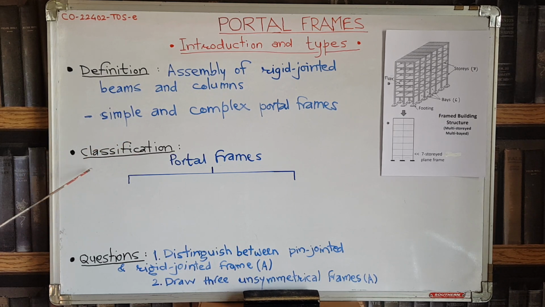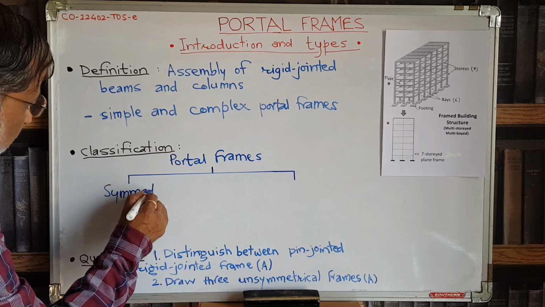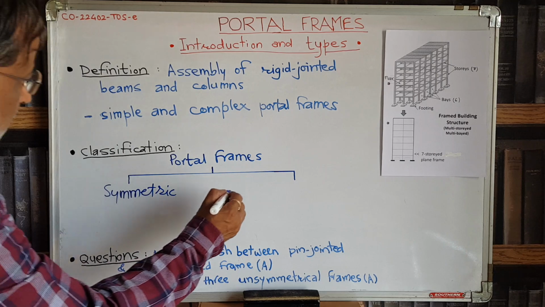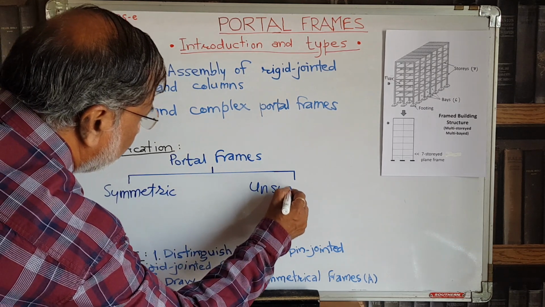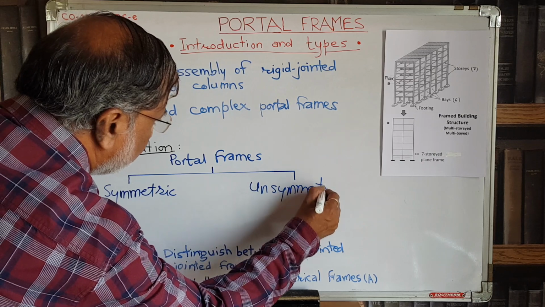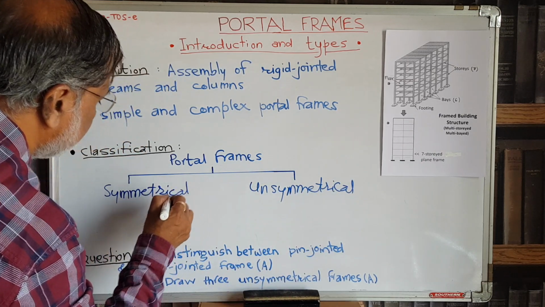Now coming to the classification of portal frames. The simple portal frames will be classified in two types, in two classes. One is called a symmetric portal frame and the other is called an unsymmetrical portal frame. Symmetrical and unsymmetrical portal frames.